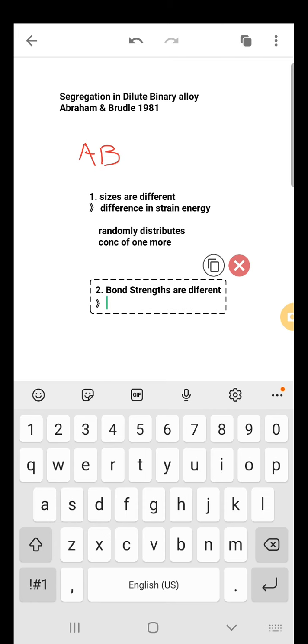that by breaking bonds with low binding energies and forming more bonds with higher binding energies, the free energy of the system can reduce.